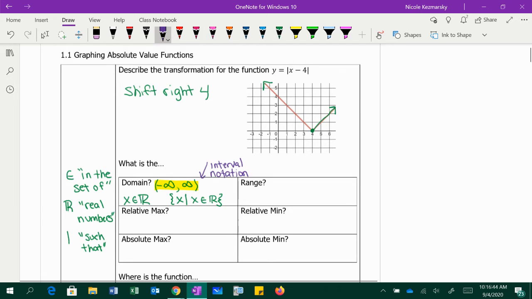Range can be a little tricky because it's tougher to see. But range asks what's the lowest y value and the highest y value that the graph touches. So when we look at range, sometimes it's helpful to use a highlighter. And since we're looking at y values, I'm going to go up and down on the graph, and I'm going to make highlights.